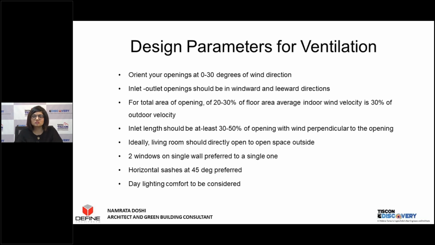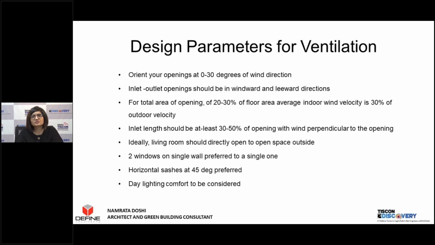That includes, what is the orientation of your openings? One of the things we learn as designers is to do a study to understand the sun path diagram, to understand the wind direction in your location, whether you're building a large building or you're working on a small apartment.